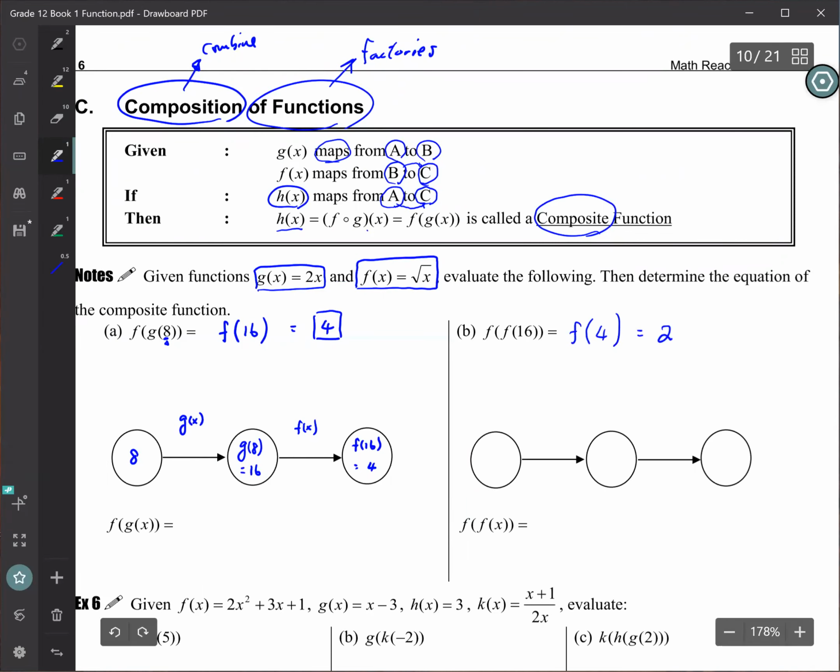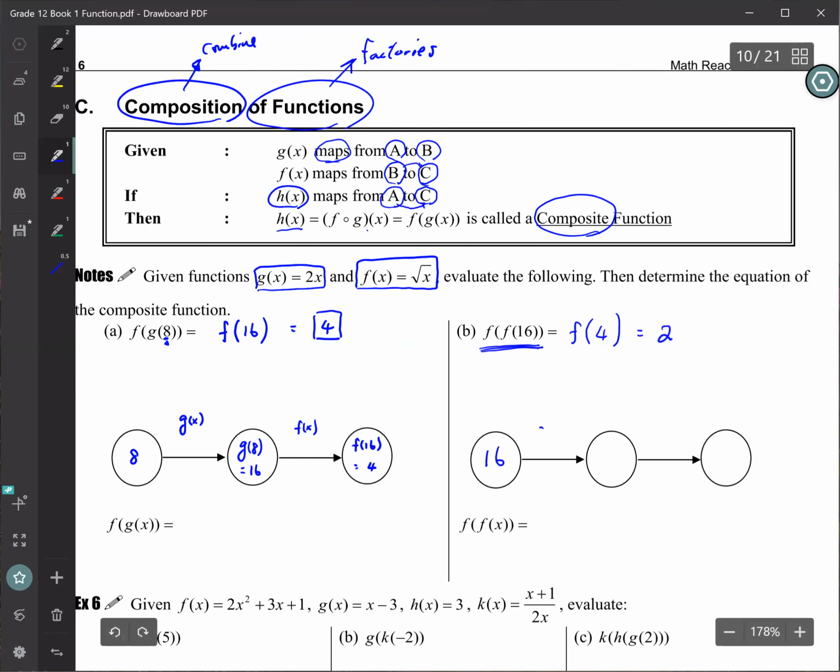Okay, very good. And Catherine, what goes into the first circle? 16. Yeah, okay. And then this one will go into which function? F or G? G. But the question has no G inside.